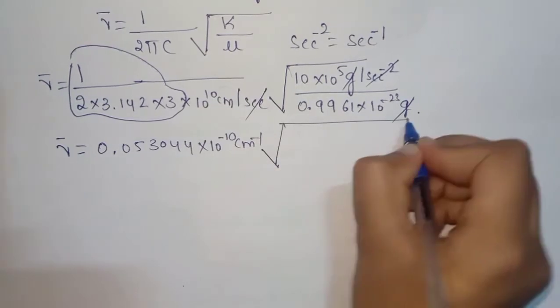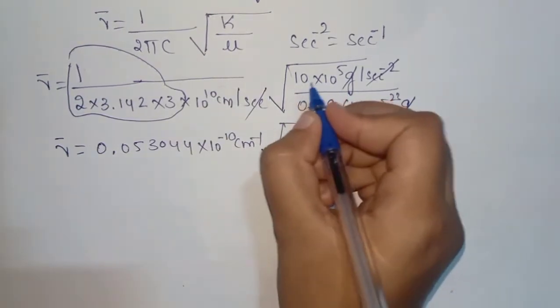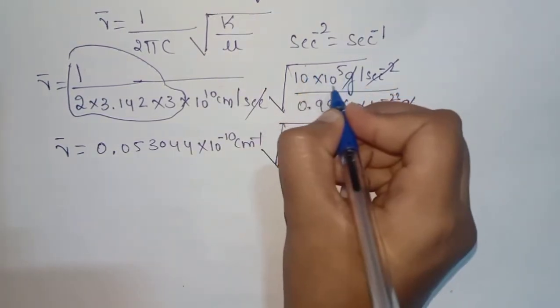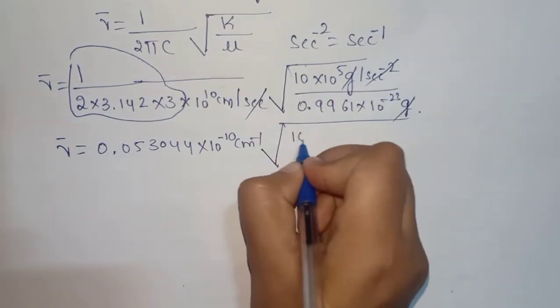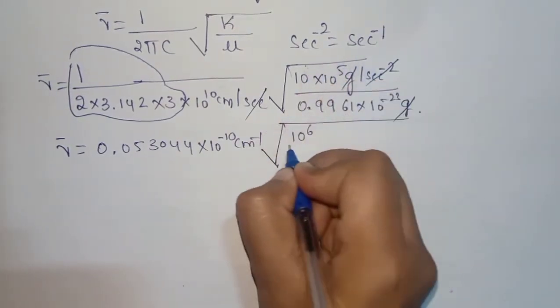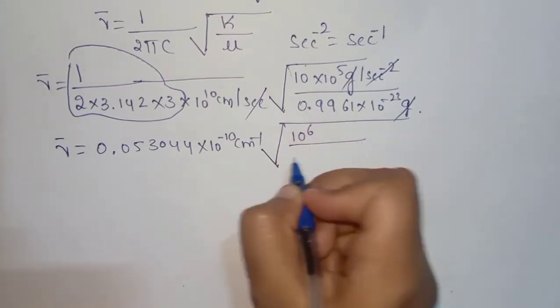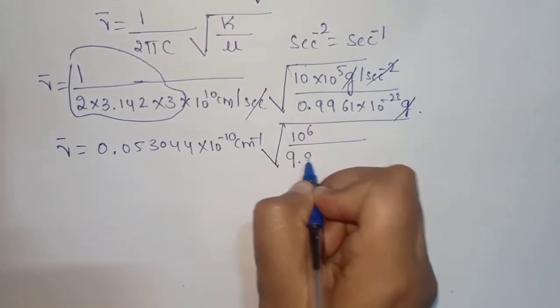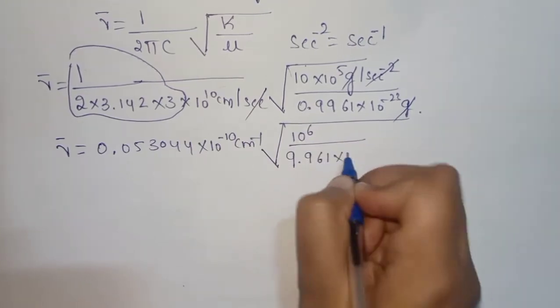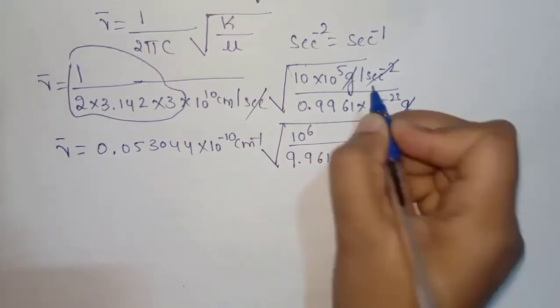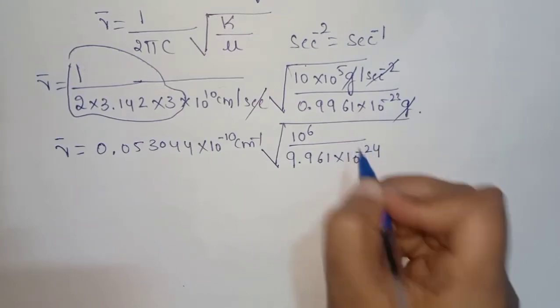Now in the square root, we will have here 10 raised to 1 plus 10 raised to 5, it will become 10 raised to 6. 1 plus 5 is 6, and here I will shift the point to this side, so it will become 9.961 into 10 raised to minus 24. Minus 23 to minus 24.